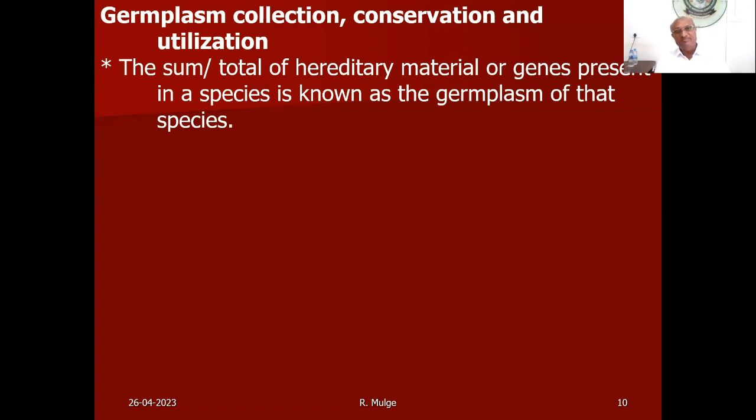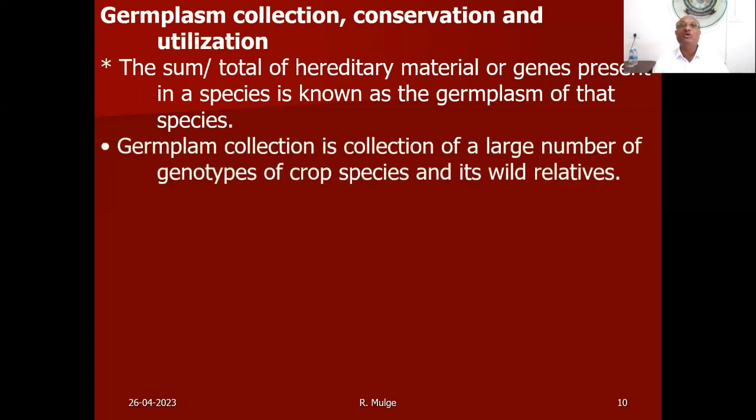So germplasm collection. What do you mean by germplasm? It is the sum total of hereditary material or genes present in a species. So how do you get that? By collecting a large number of plants. Germplasm collection is the collection of a large number of genotypes of a crop species and its wild genotypes. Then only is the total hereditary material present in that species in your collection.